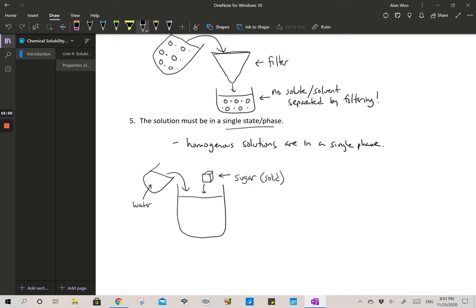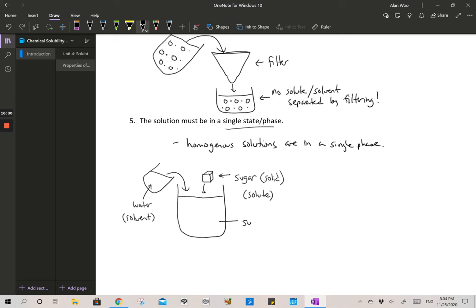So water, in this case, will be our solvent. The sugar will be our solute. When the sugar breaks up, it'll break up into really, really fine particles that you cannot distinguish between water and sugar. So it would look like it's in one single phase.